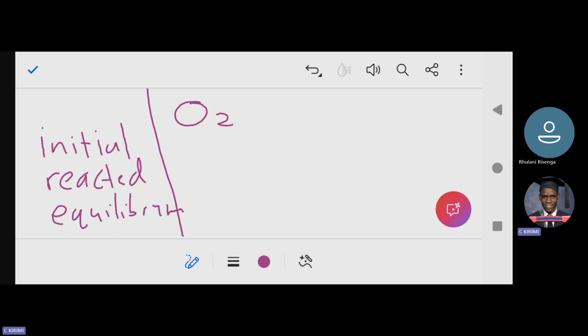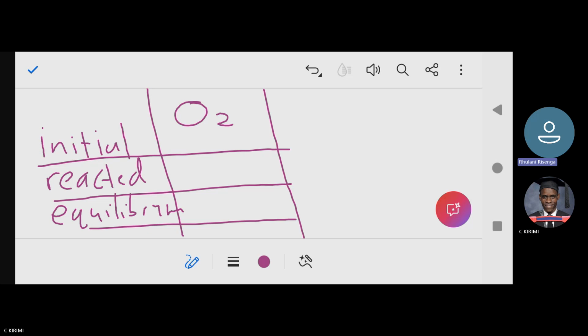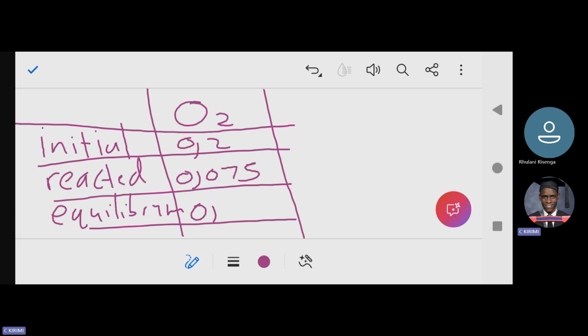Very simple step. 0.125. Yes. So initial number of moles, how much was there? Initial for oxygen, we said 0.2. And then you subtract the ones that we said reacted, 0.075. Then the ones at equilibrium, you said 0.0.